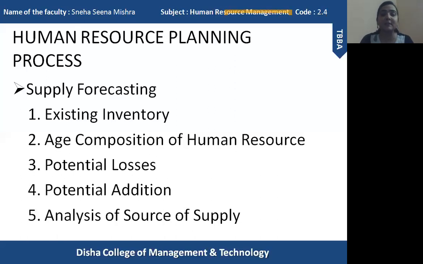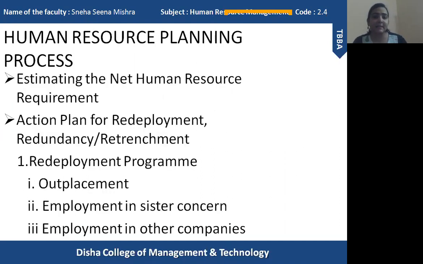Okay, so this is the second point of the process of human resource planning. The next point in the process of human resource planning is estimating the net human resource requirement.